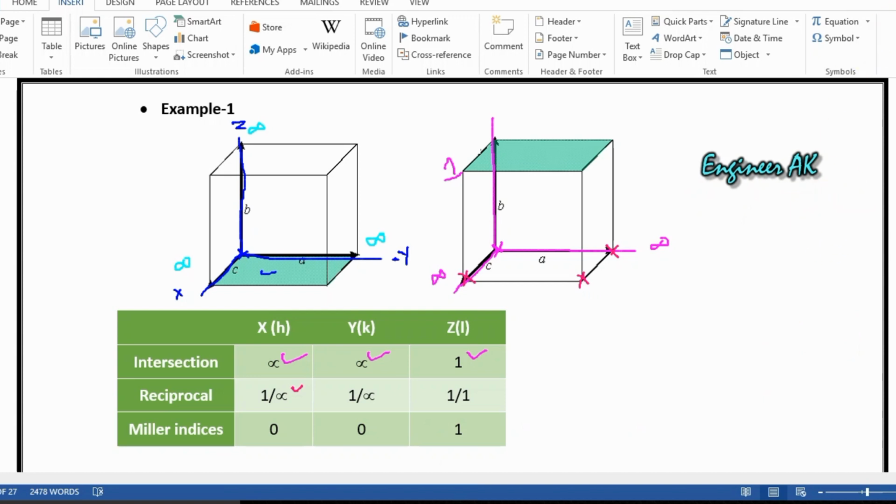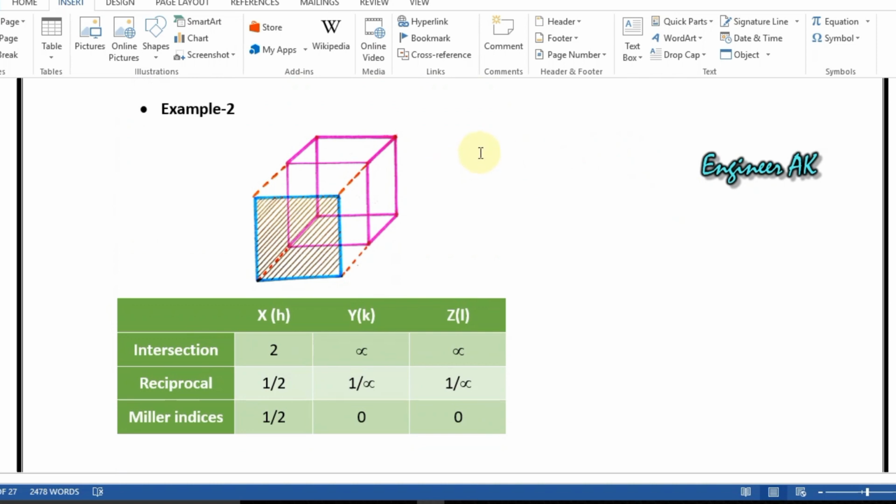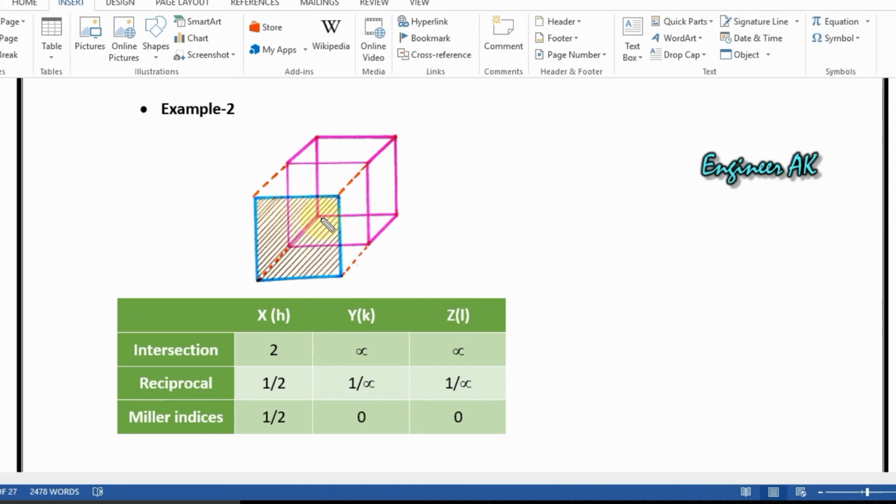Now let's move to the second example. This is another scenario: sometimes it is possible that the plane is a bit to the side of the unit cell, as in this example. How will you deal with this kind of scenario?